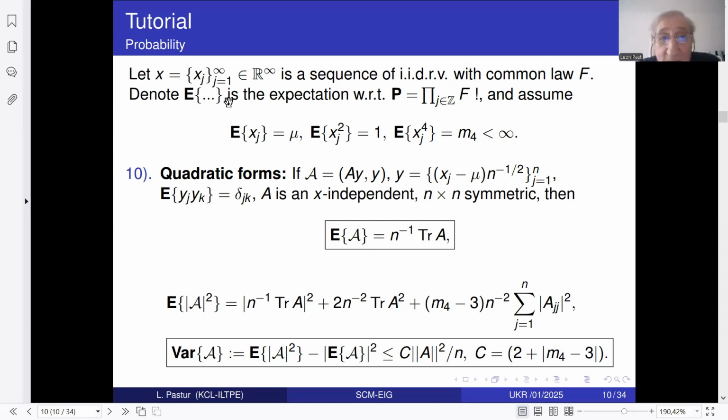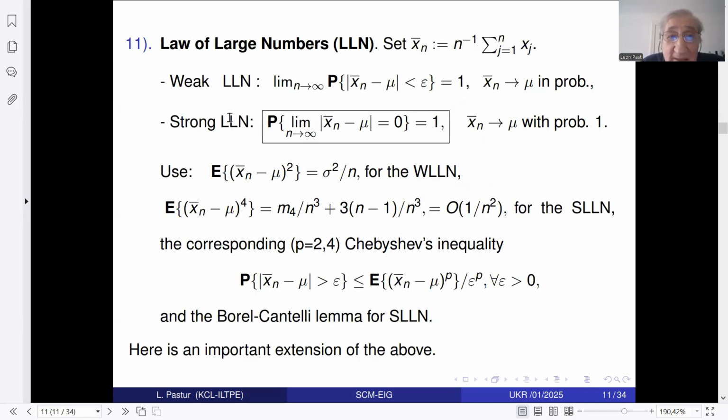You'll get this bound with a norm depending on A and a coefficient depending on the x's. Well, and now two basic facts of probability theory, called the law of large numbers. In fact, there are two laws. First is called weak, or just the law of large numbers.